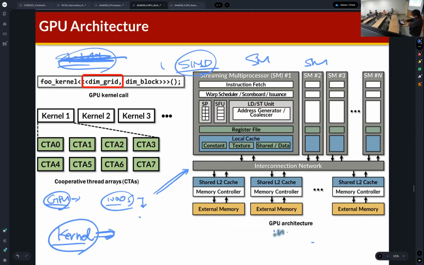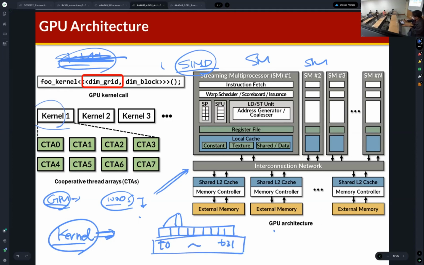And it is because the single kernel generates multiple threads. So how does the GPU execute these multiple threads? Because multiple threads share the same instruction, the GPU groups multiple threads, thread number 0 to thread number 31.